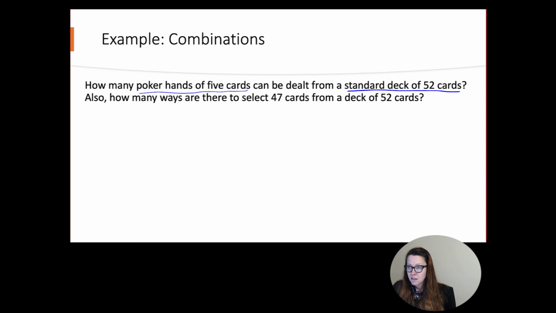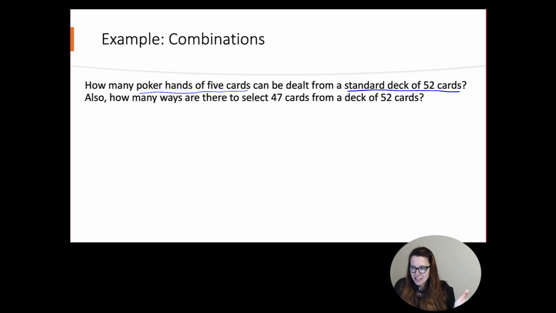First of all, in this case, are we applying permutations or combinations? Does the order matter? Everybody moves their hands around in a very specific order when they hold them. Does that change anything? No, the order doesn't matter. I have a kid that puts things from high to low, and I've got a kid that puts things from low to high, and others organize them by suit.